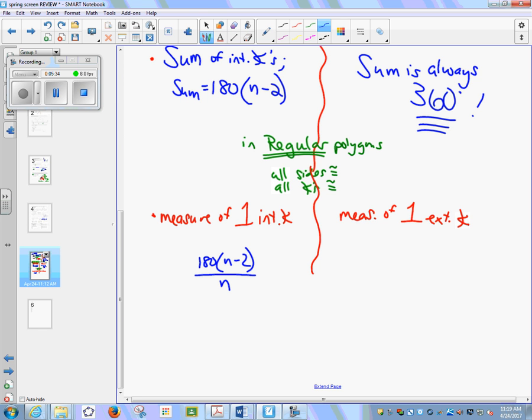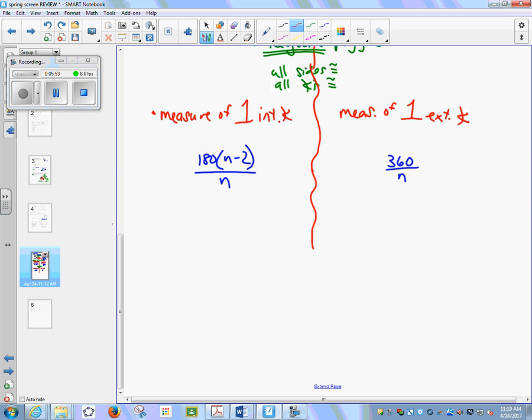That gives you the measure of one interior angle. With the measure of one exterior angle, since the sum is always 360, it's just going to be 360 divided by the number of sides. We should also note here that for regular polygons, n can also be found by doing 360 divided by the measure of one exterior angle. If you divide that, you would get the number of sides.